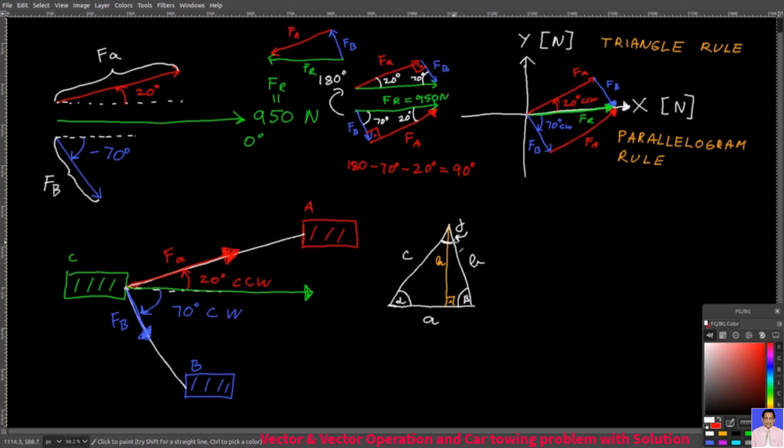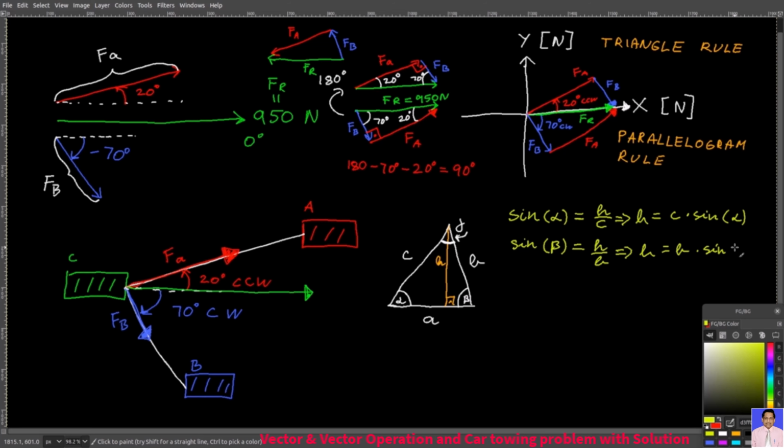So gamma is this third angle here. And so from trigonometry, you know that sine alpha equals H over C. And then sine beta equals H over B. We can rearrange them like this. H equals C times sine alpha, and H also equals B times sine beta.